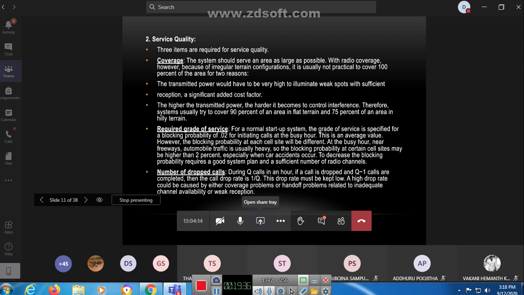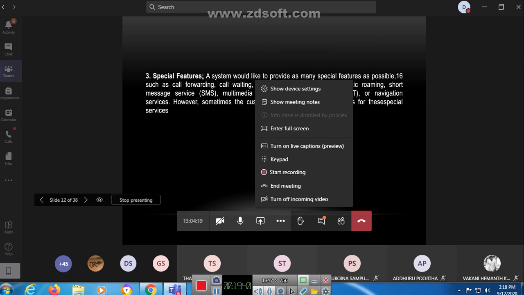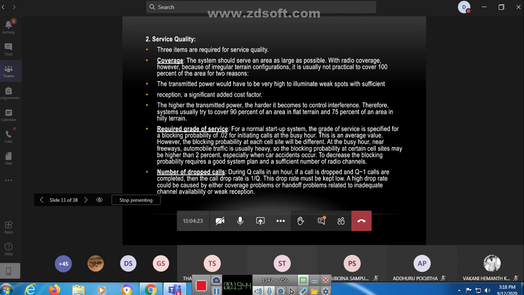In service quality, first we take the coverage. It covers the nearest area of the cells, from one cell to another cell. If it covers 100%, then only there is no problem, so the service will be good.